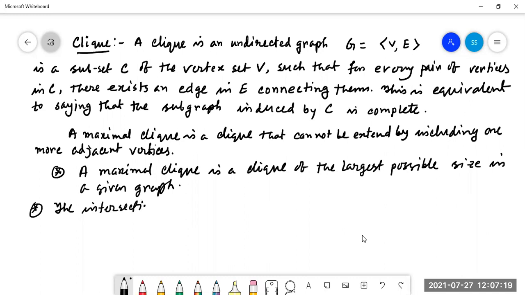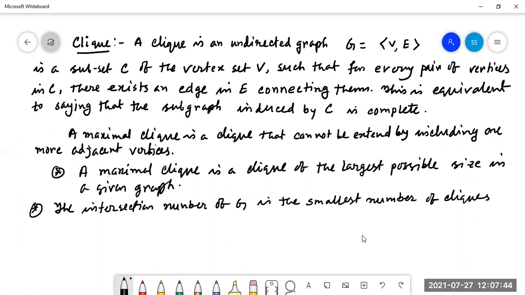The intersection number of G is the smallest number of cliques that together cover all the edges of G. This is the nature of cliques.